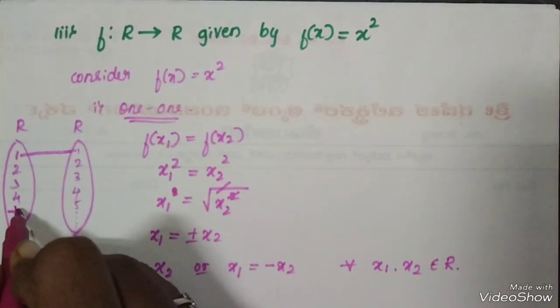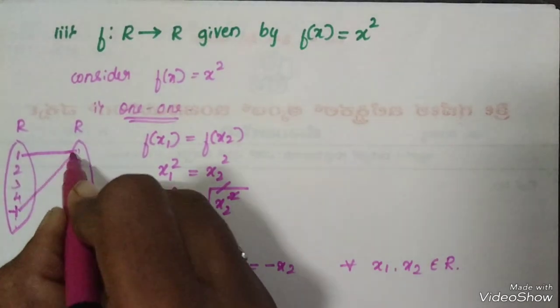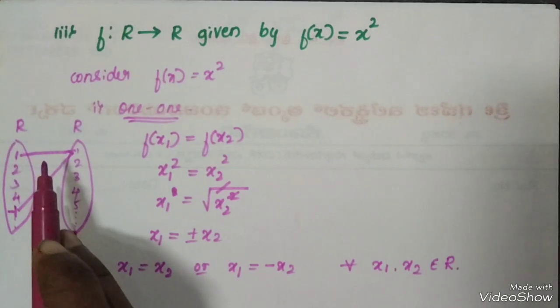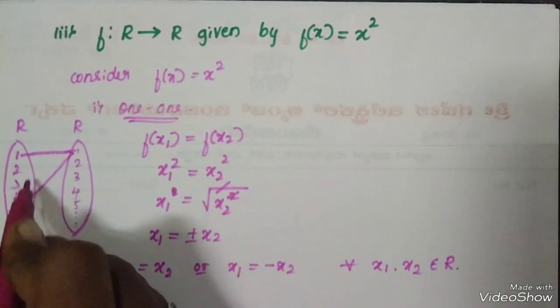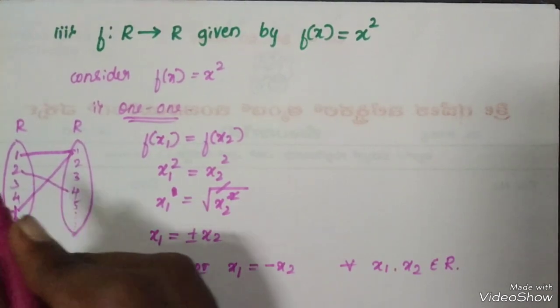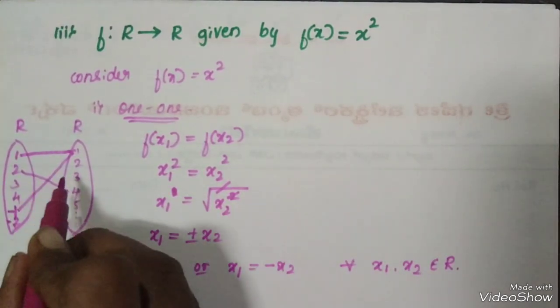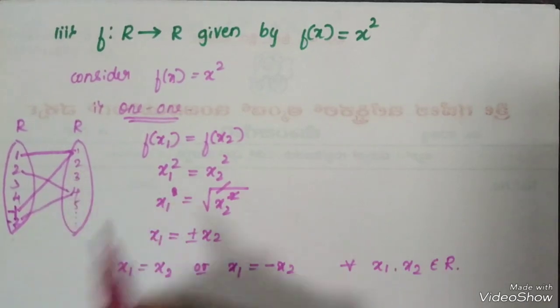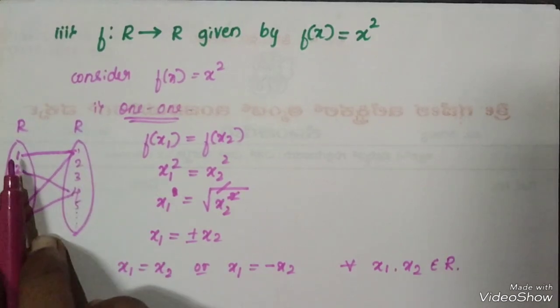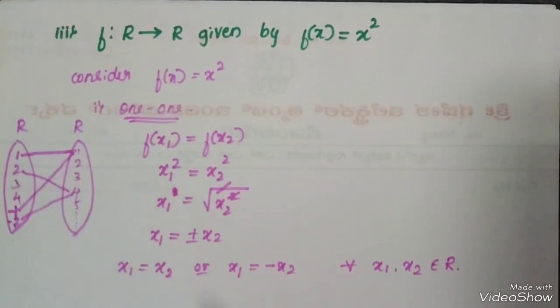Then for 2, 2 square will be plus 4. Again, taking minus 2, which is also a real number, minus 2 square gives the value 4. Whatever real numbers are taken, we get one or more than one image. That's why 1 and minus 1 have the same image 1.